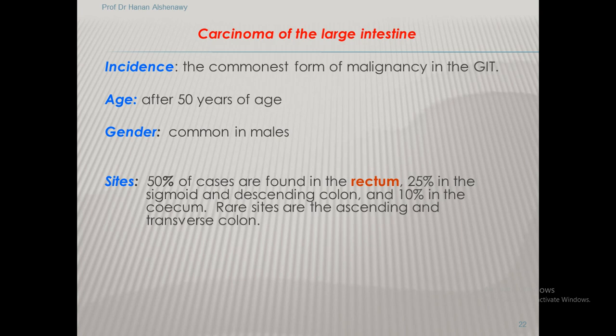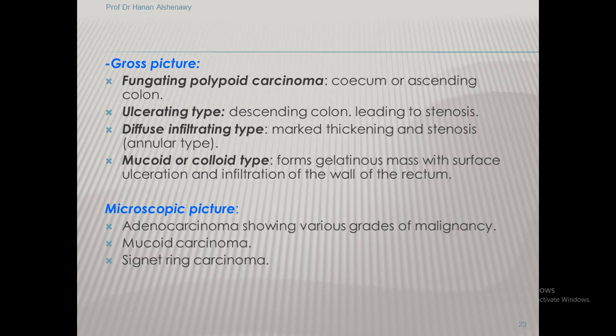Carcinoma of the large intestine is usually seen in old age, usually in males. The most important site is the rectum. The rectum is the most important site for cancer colon. It may present as a fungating mass, like a cauliflower polypoid mass, causing obstruction of the colon. It may present as an ulcer.